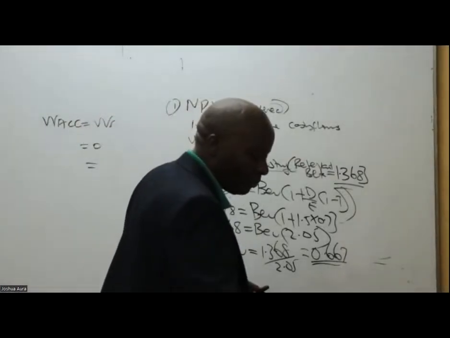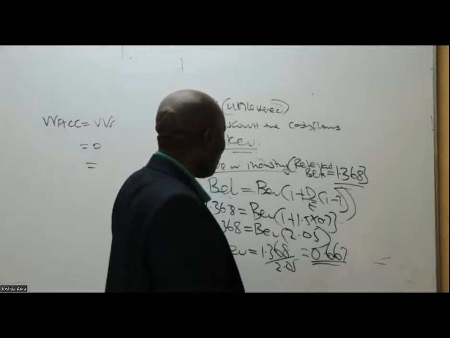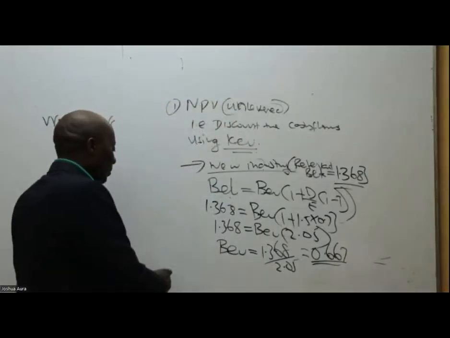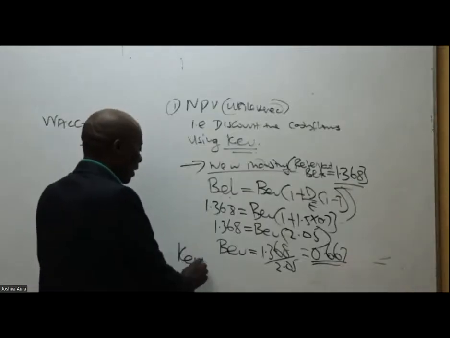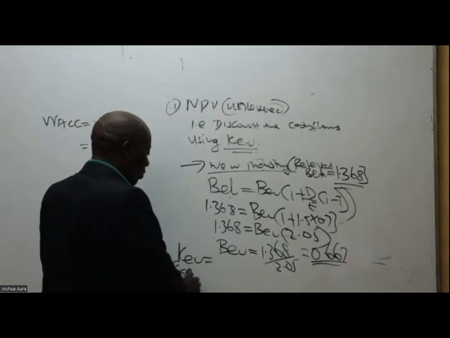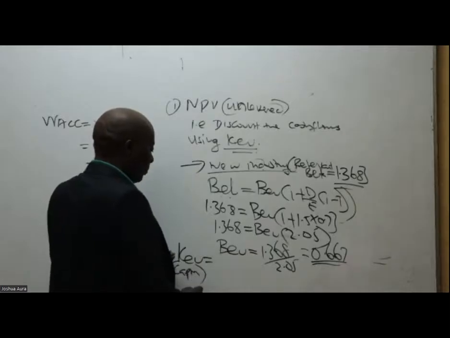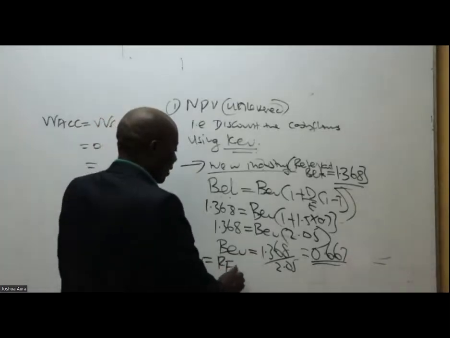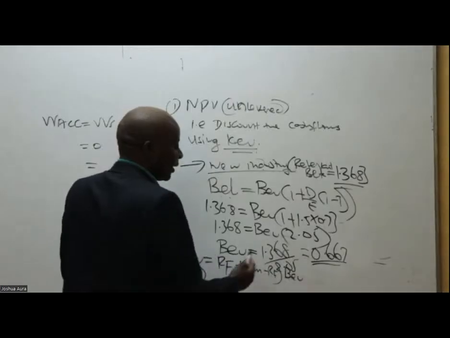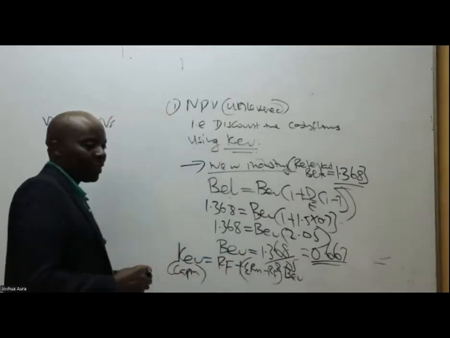Very fast, remember, I want to get my Ke. So how do I get my Ke here? To get my Ke, I know I'm going to use CAPM. So CAPM, we know it should be risk-free plus the return of the market minus risk-free, outside here we have beta, unlevered, pure, unlevered.